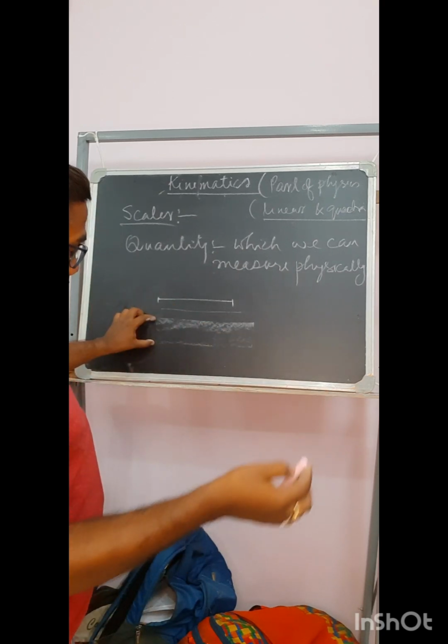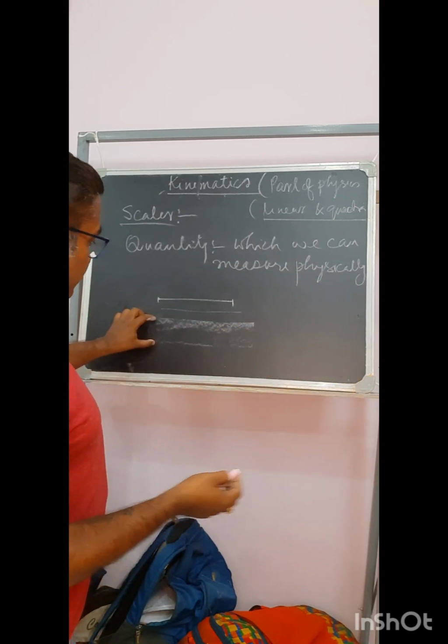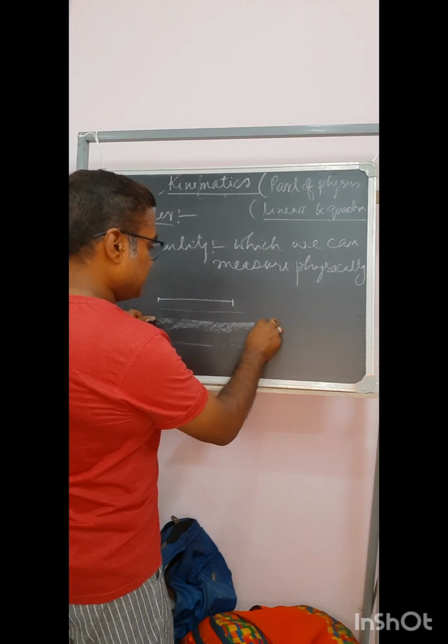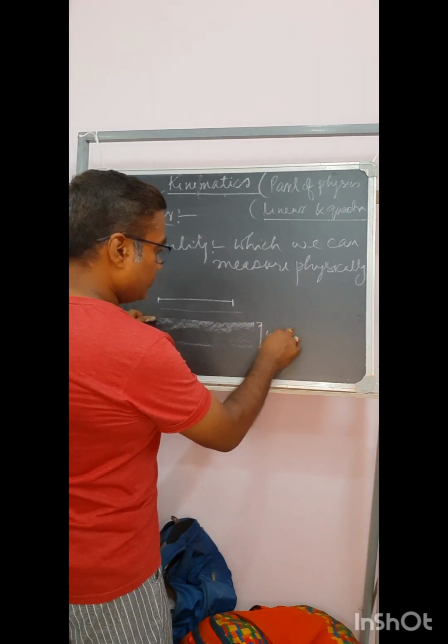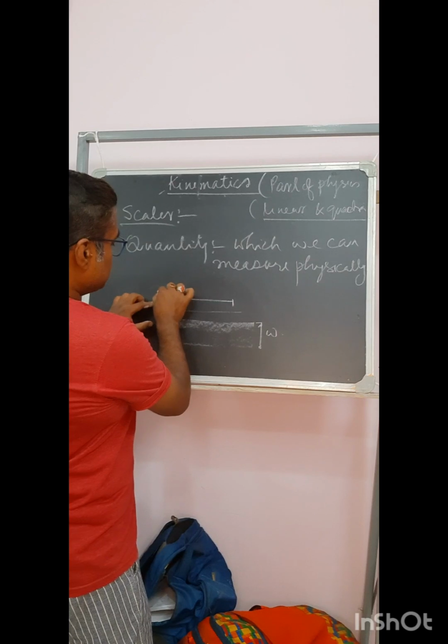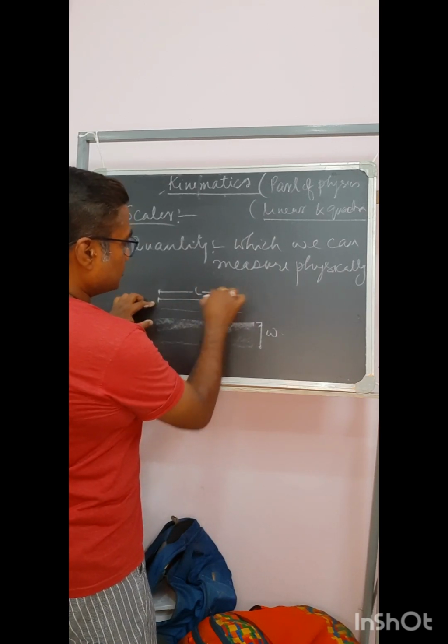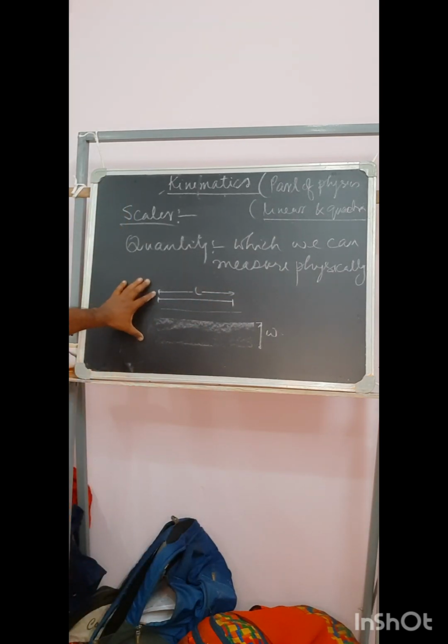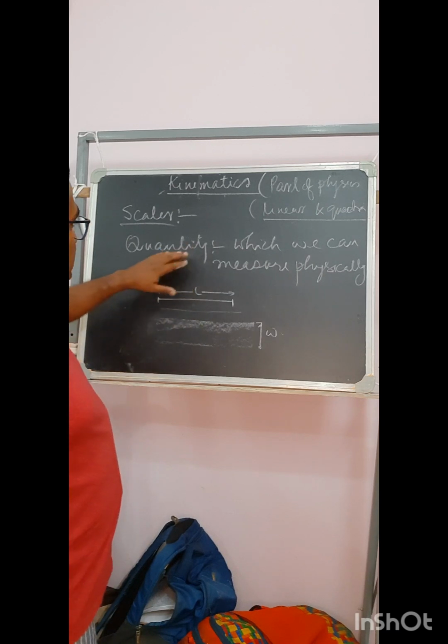Anything which is drawn or touched can be physically measurable. So in this case, I can measure the width of this, and I can measure the length of this. These are the quantities that I can say about this line. So this is measurable, so this is a quantity.